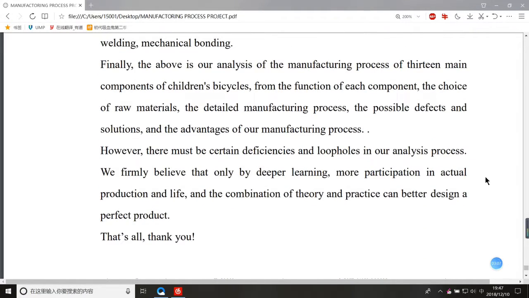Okay, everyone, the above is our analysis of the manufacturing process of 13 main components of a children's bicycle, from the function of each component, the choice of raw materials, the detailed manufacturing process, the possible defects and solutions, and the advantages and disadvantages of our manufacturing process.